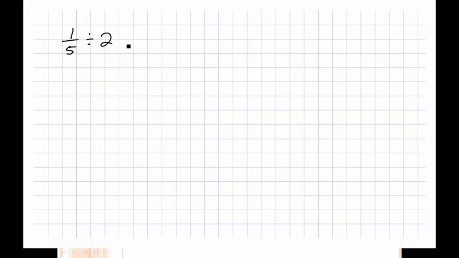We look at this. Here we have the whole number 2, or 2/1. That's our divisor. Since that's our largest number, we need a number line that's 2 units long.